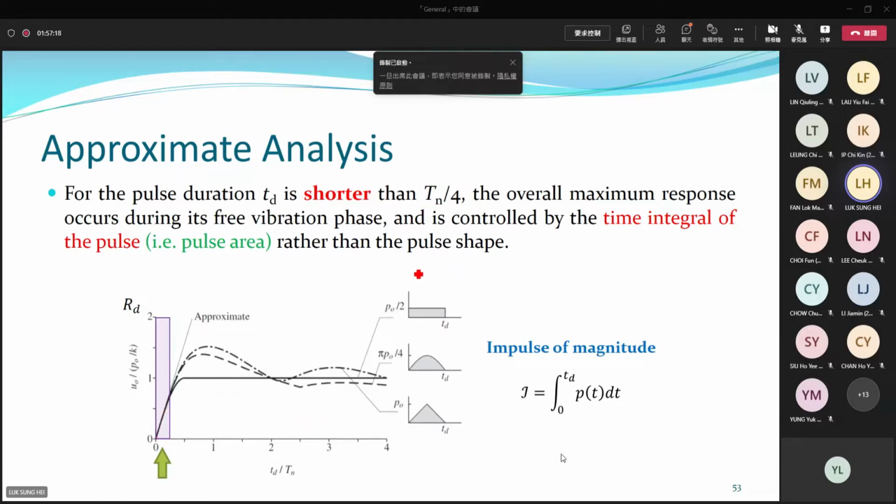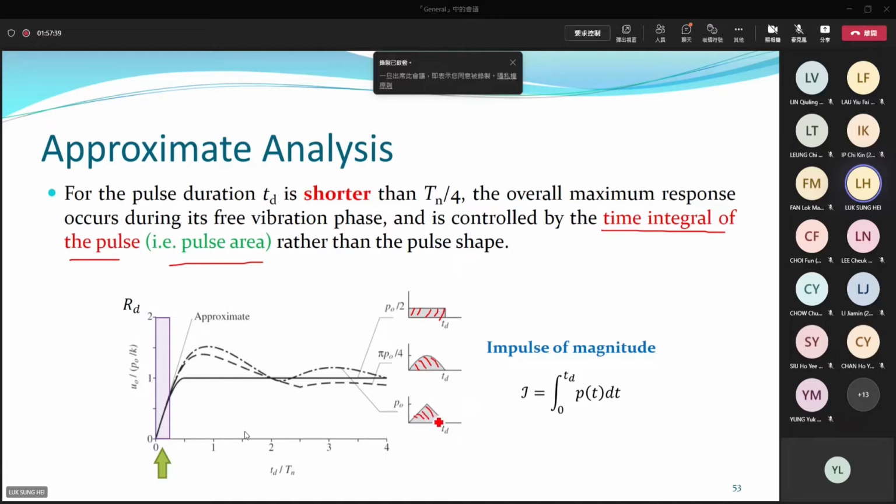So what about this method? This method is pretty easy. Firstly, you calculate the time integral of the pulse. The time integral of the pulse means the pulse area. You can calculate the pulse area from the graph. You know how to calculate a rectangular area, a half sine wave, and this triangle.